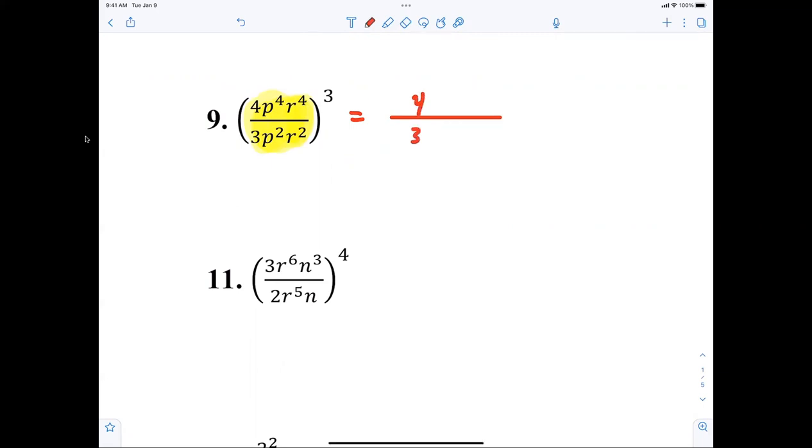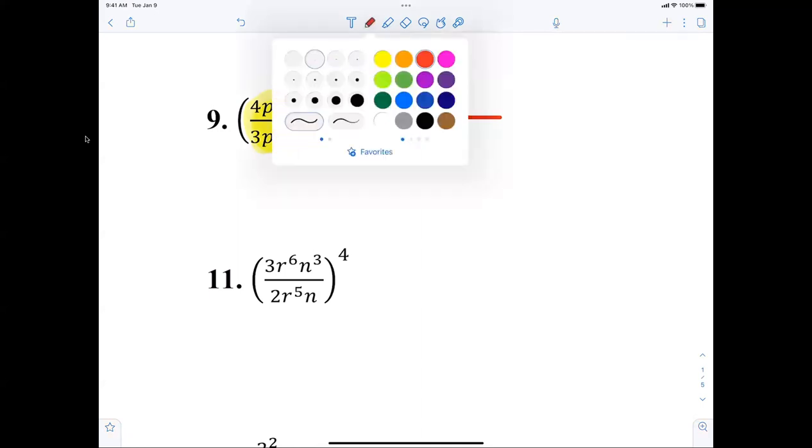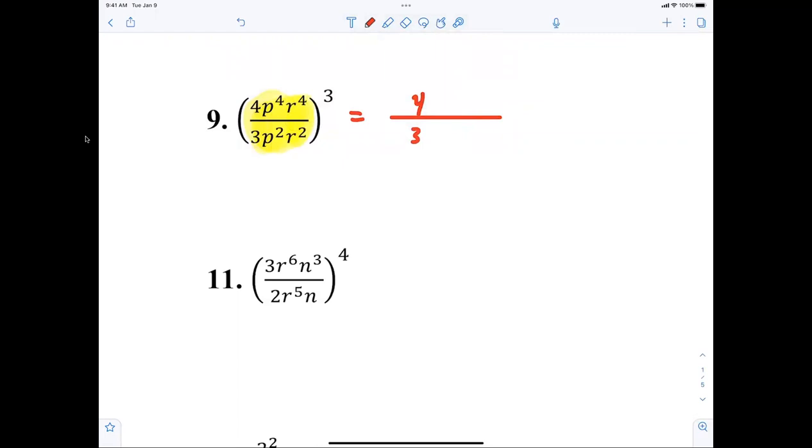What happens to the p's? How many p's are on the top? It'd be 2p, yes, but you're going to say it as p squared. And what about the r's? And then r squared.